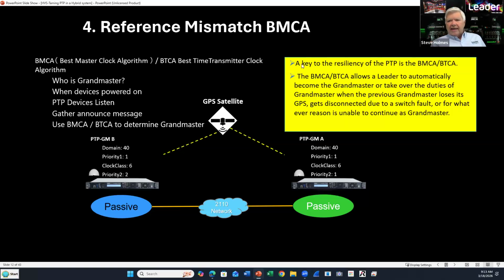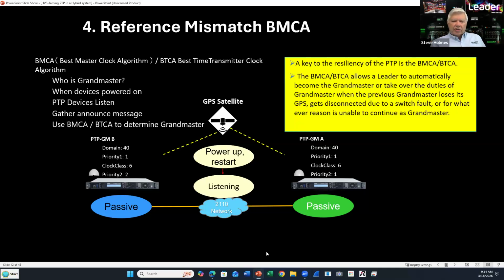So a key here is looking at what happens when you have the ability with your 2110 network to have a link between the two grandmasters that is above your actual 2110 network. So no data goes across the link, but PTP can go across that link.